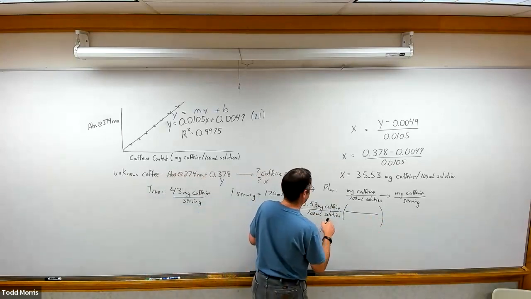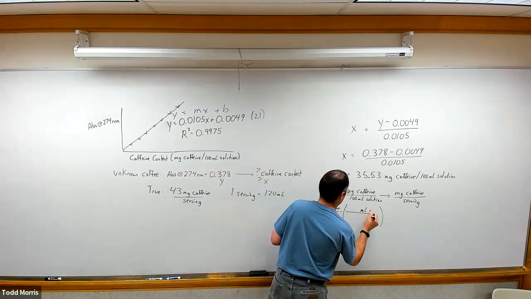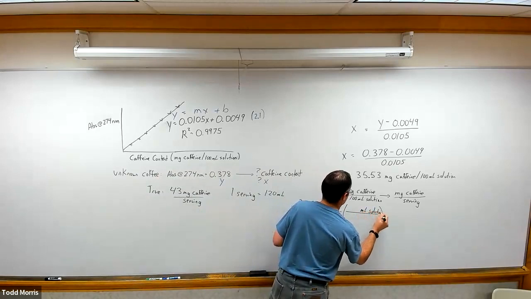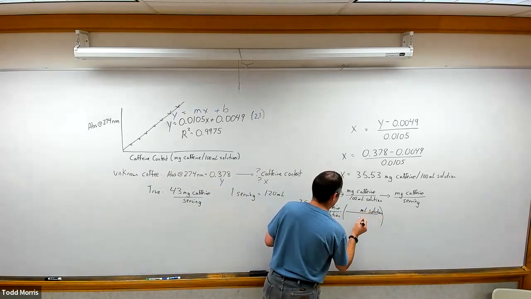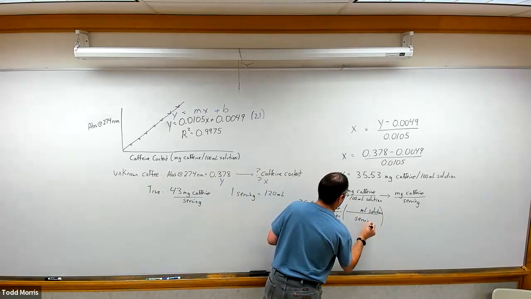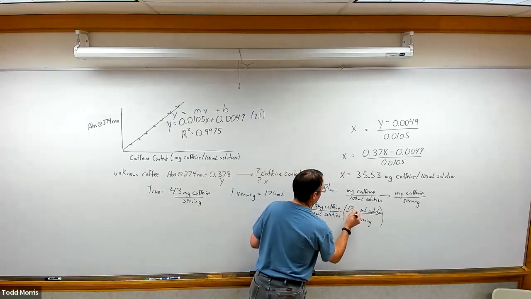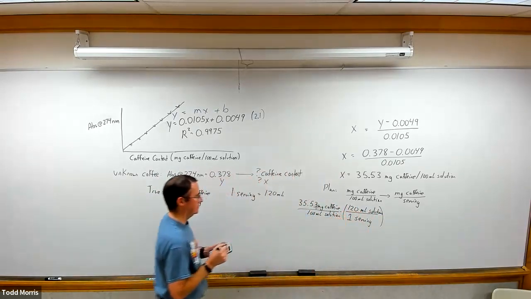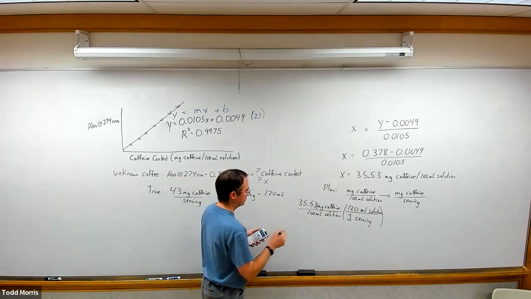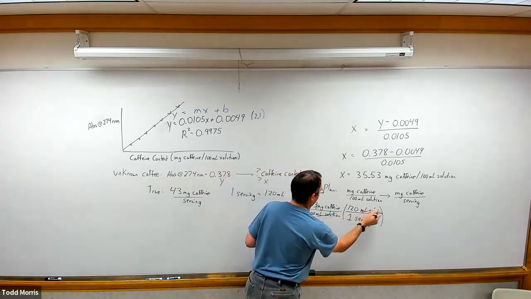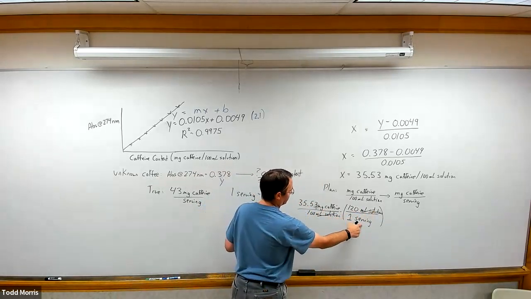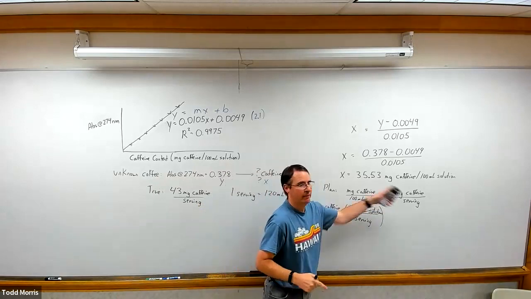So I want to put milliliter solution on top, and I'm going to put servings on the bottom. According to the label, one serving is equal to 120 milliliters. So when I do my calculation, notice that milliliter solution units cancel. I'm left with milligrams caffeine per serving, which is exactly what I want in my final answer.